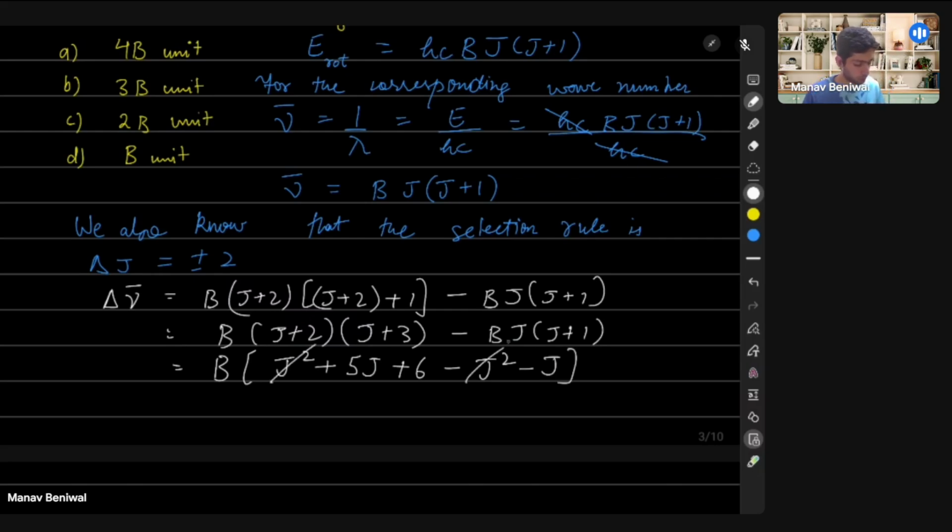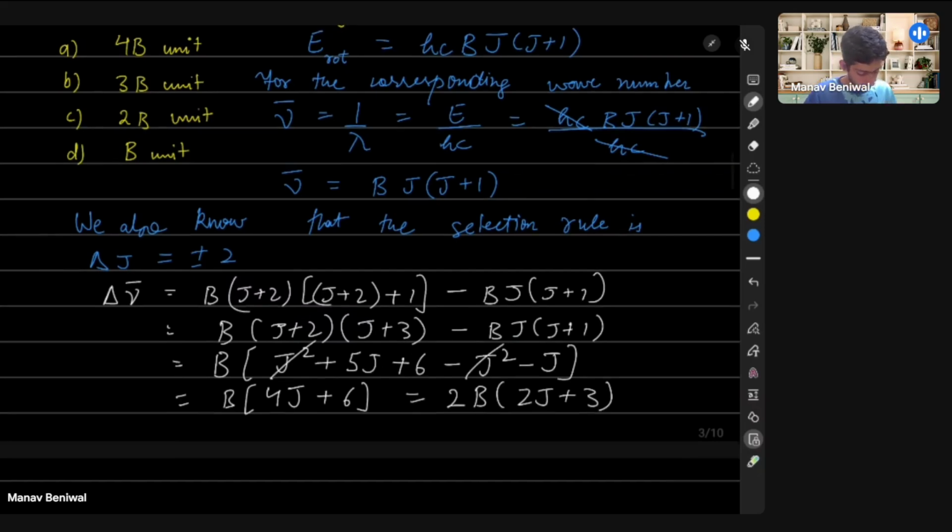So J squared cancels out, this becomes 4J, and this becomes 6. If we take 2 common, 2 gets outside, so this becomes 2B times (2J plus 3).